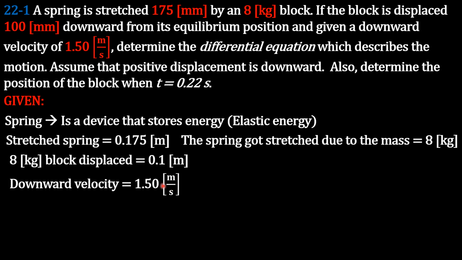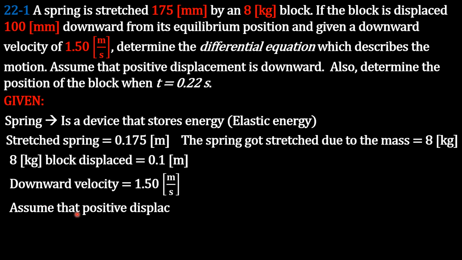While we are displacing the block 0.1 meter, it reached this velocity. And once these two conditions are met, we start at time 0, the block will be released and the block will start to vibrate.